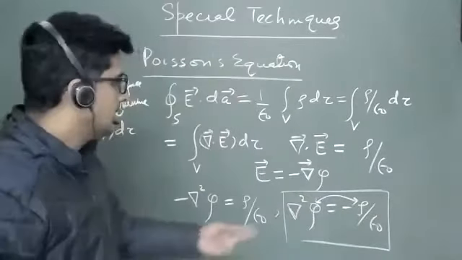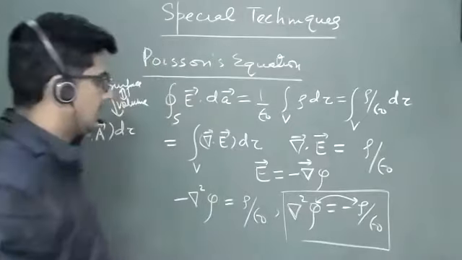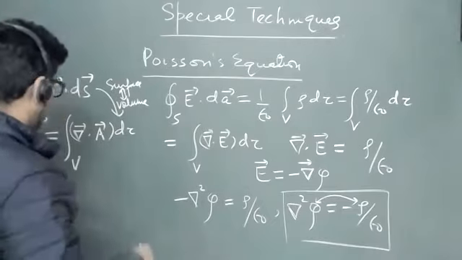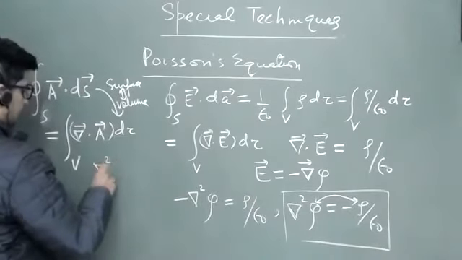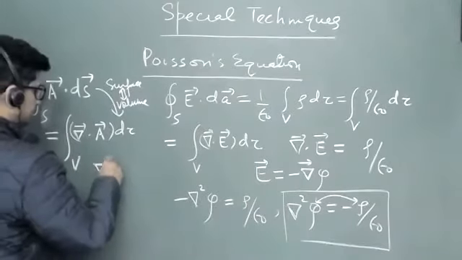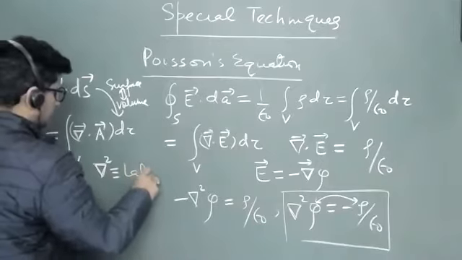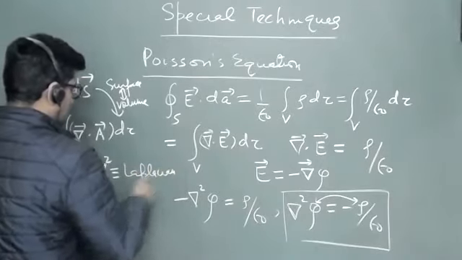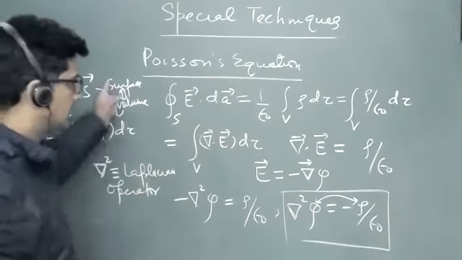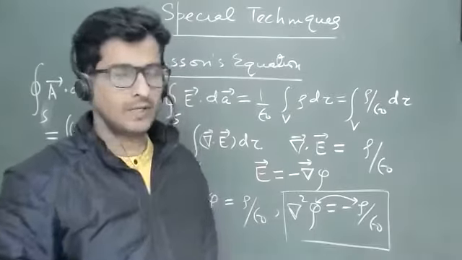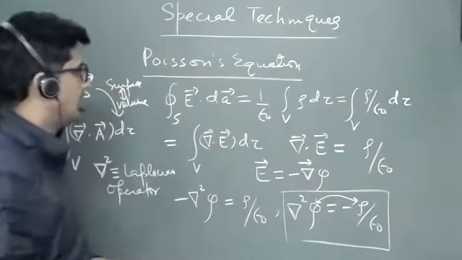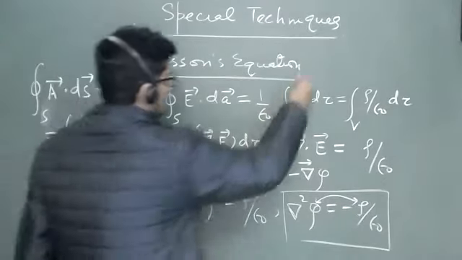So it is just writing it in differential form, nothing else. And this del square is known as which operator? Laplacian operator. इस operator का एक नाम रख देते हैं, that is Laplacian operator. This is what I have already told you. Once I already told you that this is a very straightforward derivation, and this holds for electrostatics, obviously.